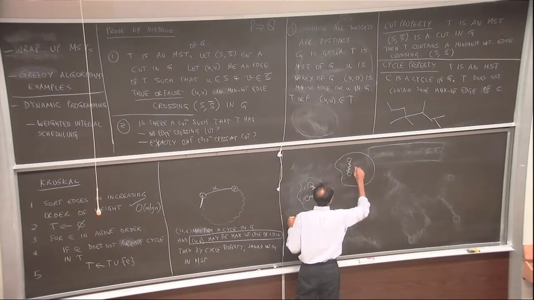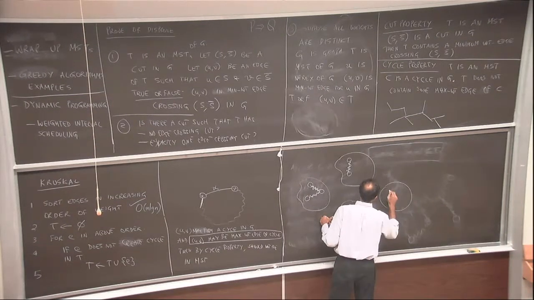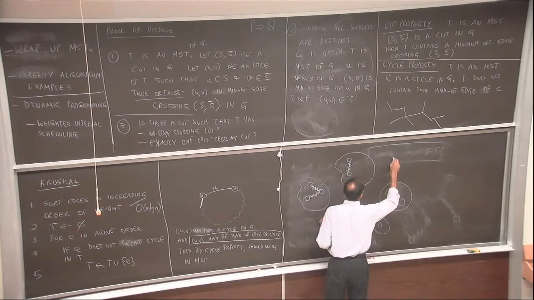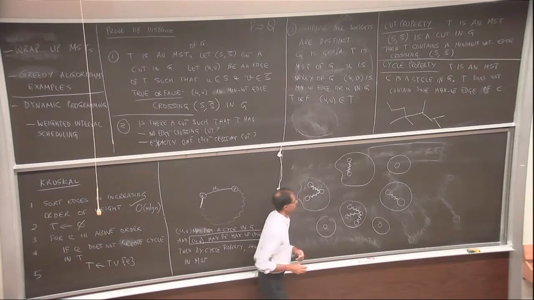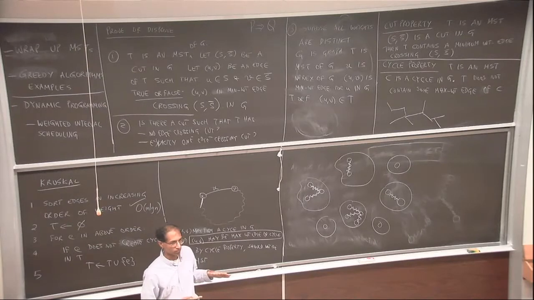This edge might have been already picked. These three edges might have been picked. This edge might have been picked. And for some of the other vertices, nothing might have been picked. This might be the situation in the middle of Kruskal's algorithm.